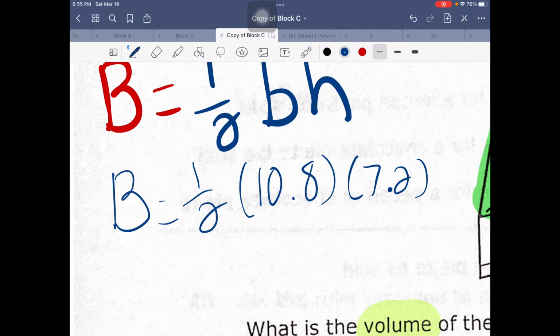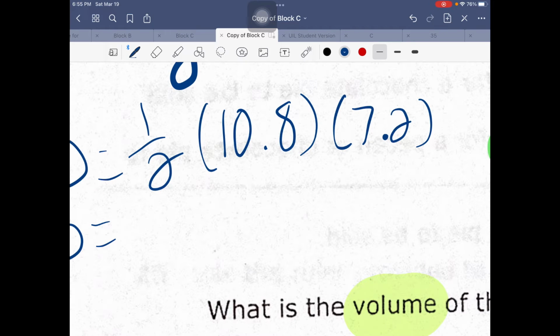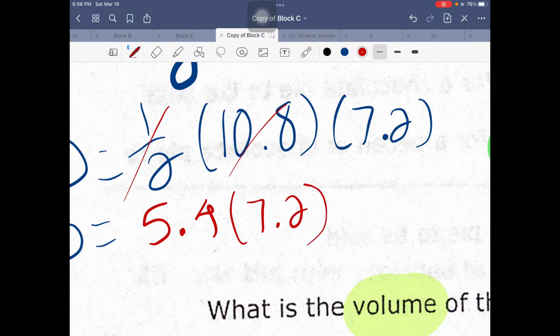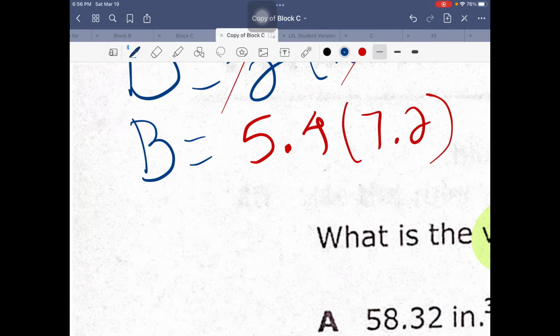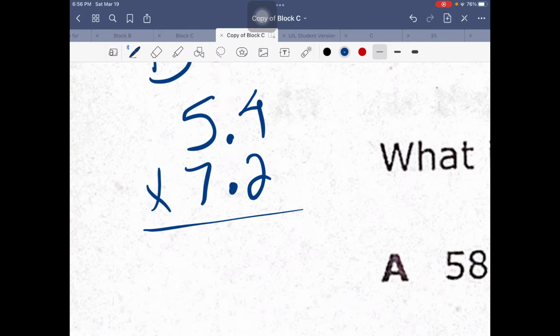Can we do half of anything? Yes and no, in a way, right? Usually we have to have whole numbers in order to do half of anything. But in this case, I know that half of 10.8 would be 5.4 times 7.2. Now, big B, you're going to find it by actually multiplying these two. 4 times 2 is 8. 5 times 2 is 10.